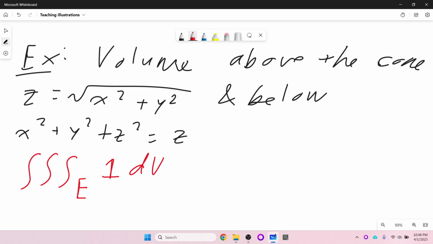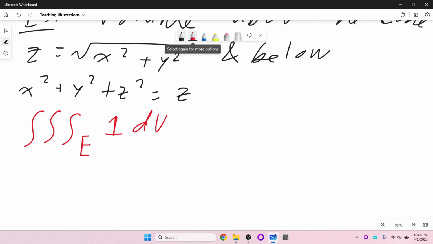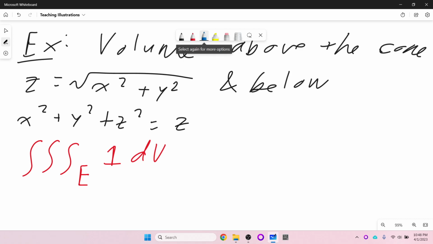So I want to convert these to spherical coordinates because I see this x squared plus y squared plus z squared is z. And I think there's some homework problems that'll be like, write it in rectangular and spherical, and write it in every different way and decide which one's easiest. So if we were doing this in rectangular coordinates, we would say we're above this.